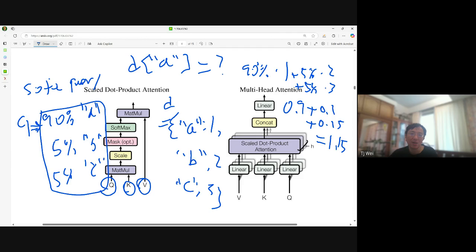This dictionary is kind of independent of the neural network itself. It can be updated and changed depending on your input or your context.